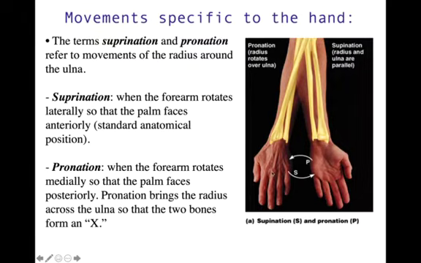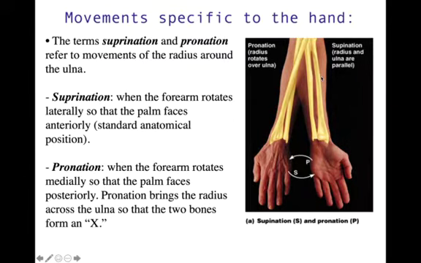If you have your arms off to the side with your palms facing backward, you can see that your radius and your ulna cross over and make an X. So the reason we put our palms facing forward in anatomical position is that the radius, the more lateral, and the ulna, the more medial, are parallel to one another.